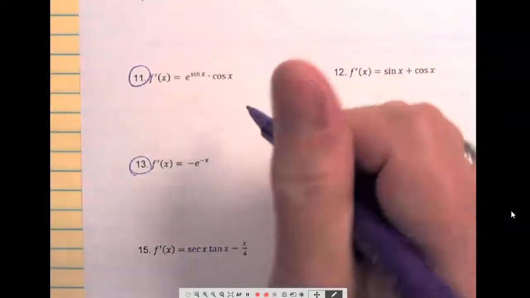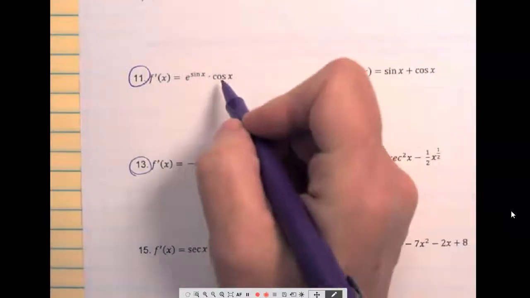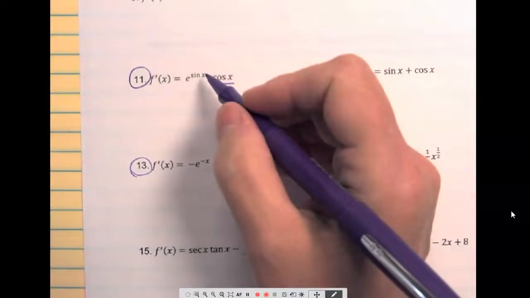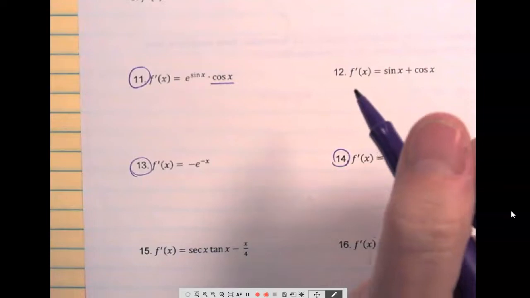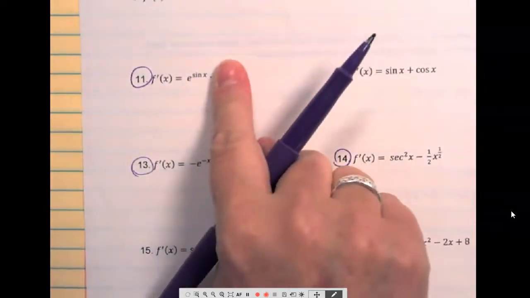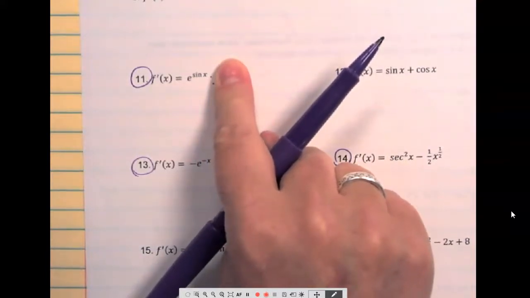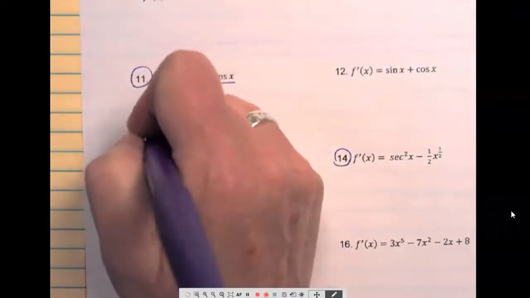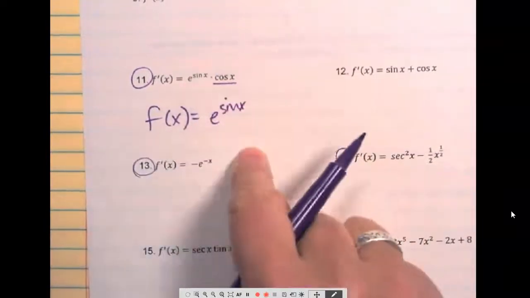Someone who was okay with this one, can you explain where this came from? It's the derivative of the exponent, which means we used what? Chain rule. Okay, so what did I have to start with? Well, first of all, the derivative of e to something is e to that something, then times the derivative of the exponent. So if there's an e to the sine x here, that means we had to start with an e to the sine x, because it is its own derivative.